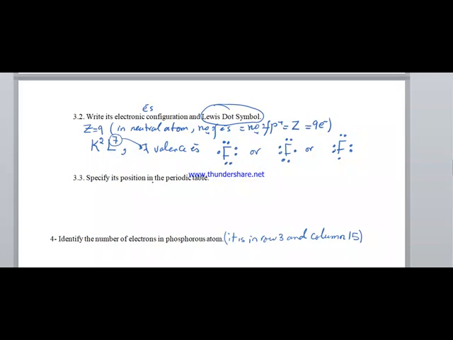Specify its position in the periodic table. We must explain how we find the position. Position means row and column.